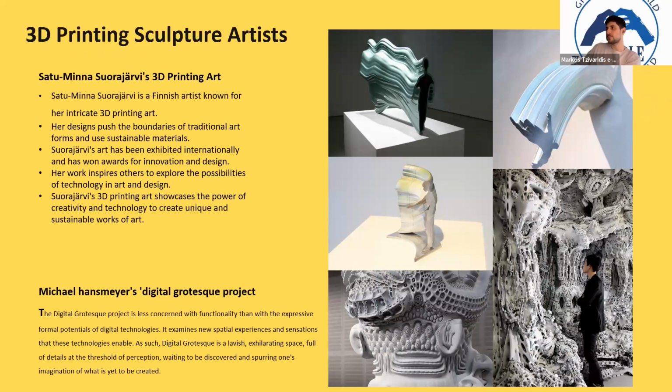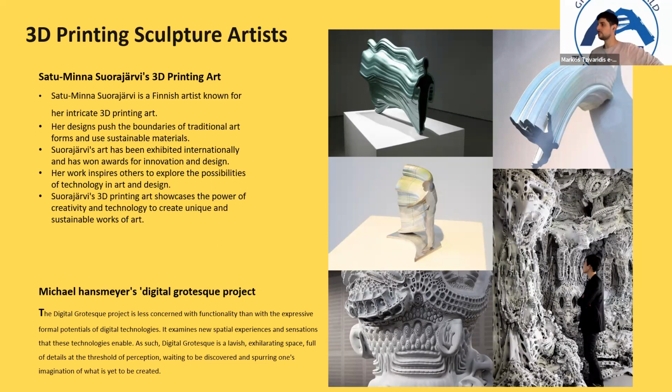All right. Now let's talk a little bit about some sculpture artists. We're going to talk about those two and one more in the last slides. Okay, the first one is Satumina Sauraharvi, I think. She's a Finnish artist.